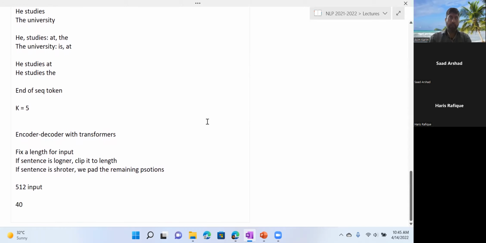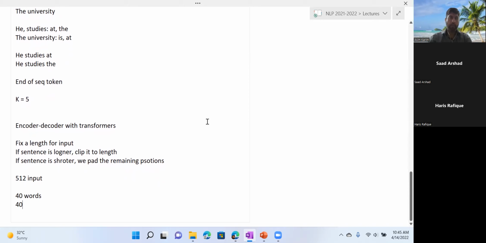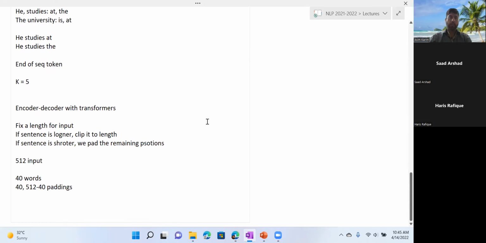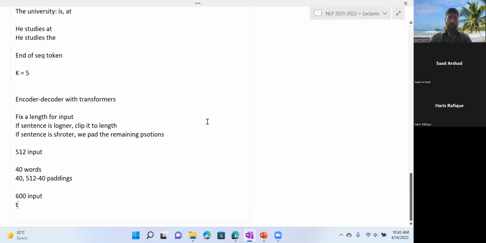If you have a passage that is 40 words long, you will have 40 words initially, and then 512 minus 40 paddings as input to the transformer. On the other hand, if you have a 600 word input, then you will truncate it to 512 as input. Of course, there is some loss of information.